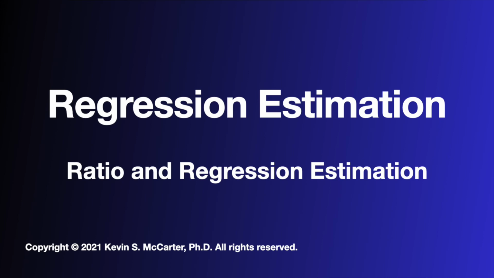And so we have really two techniques here in this particular module that allow us to do this: ratio estimation and regression estimation. Again, ratio estimation is appropriate when a linear relationship exists between two variables and that linear relationship goes through the origin. That is equivalent to a proportionality type of relationship.